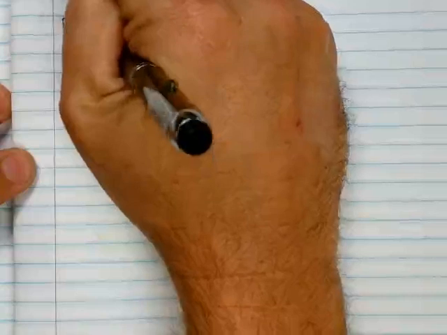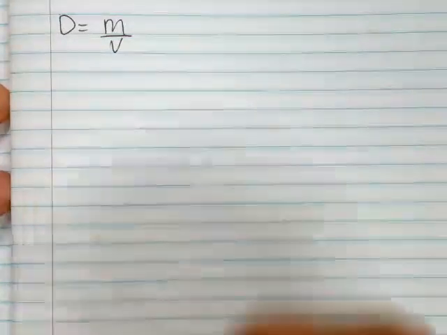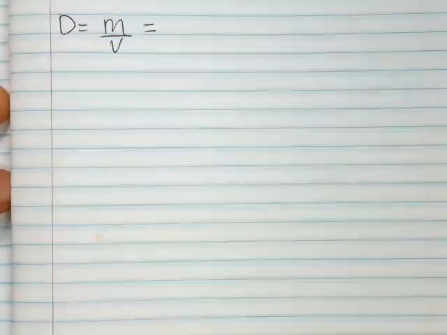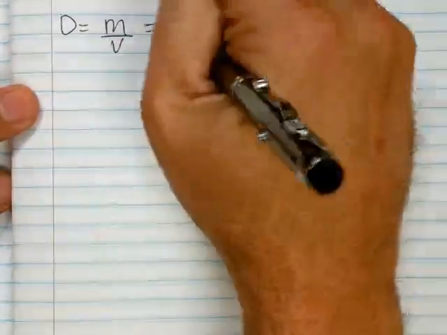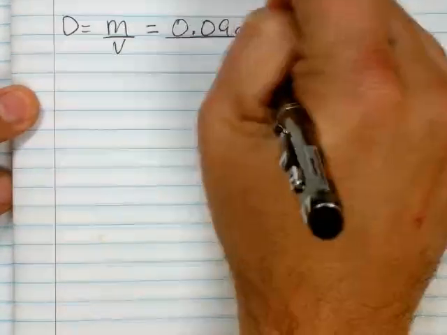Okay, so we're going to calculate density, and you have your equation for density, right? Mass over volume, good. So mass over volume is density. What was the quantity for mass? 0.09 grams.